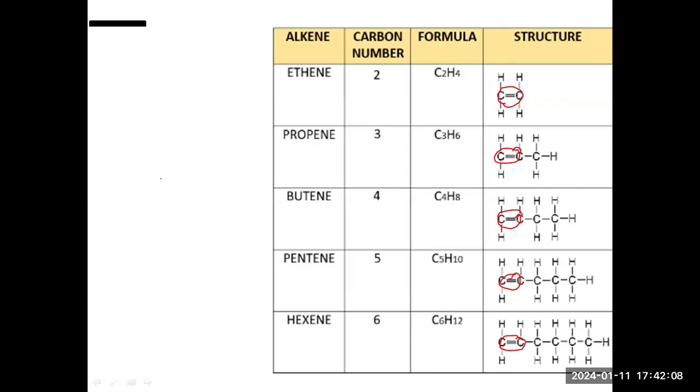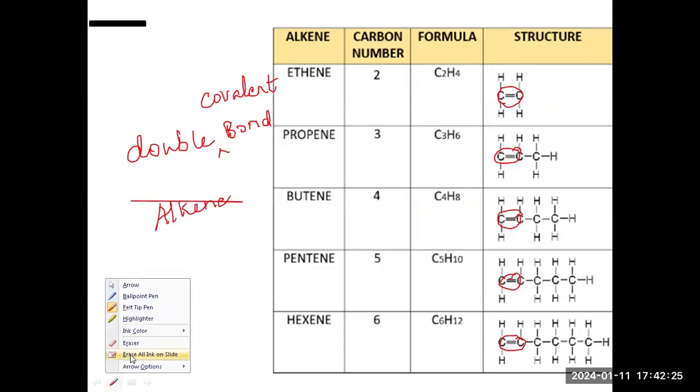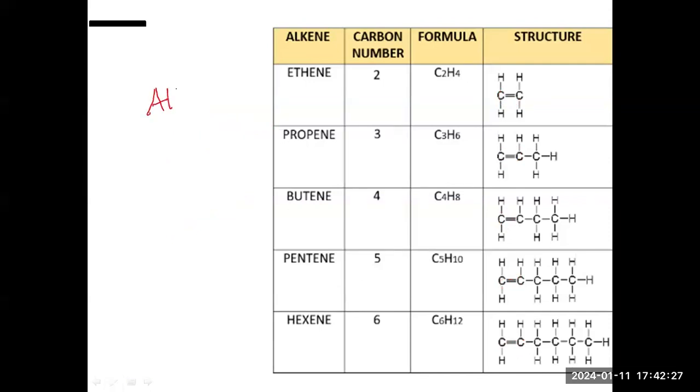So this series, which has a double covalent bond between them, is called the alkene series.